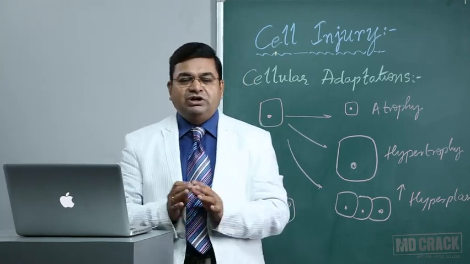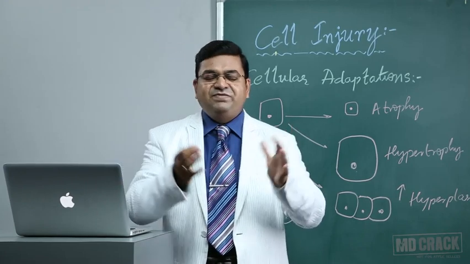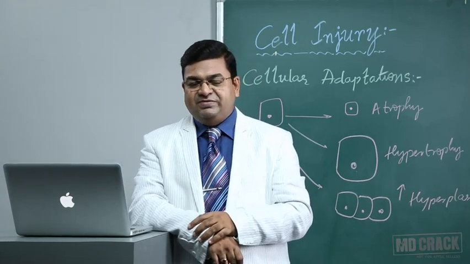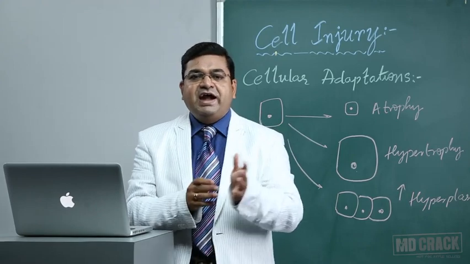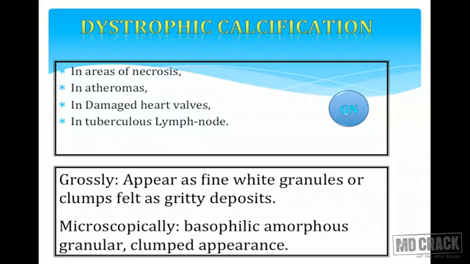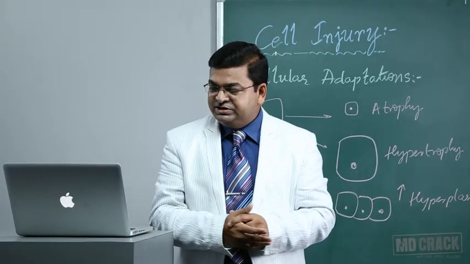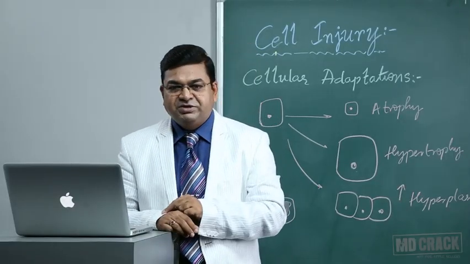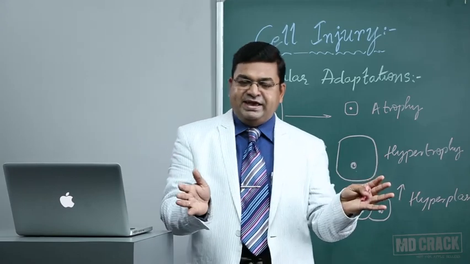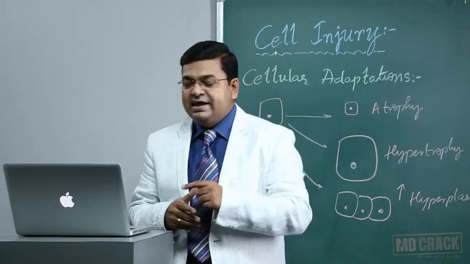So let us have two types of pathological calcification: dystrophic and metastatic calcification. Dystrophic calcification is the one which takes place in areas of necrosis. Very commonly, tubercular caseous necrosis can undergo calcification. That is an example of dystrophic calcification. Atheromatous plaques can undergo calcification, again a classical example.